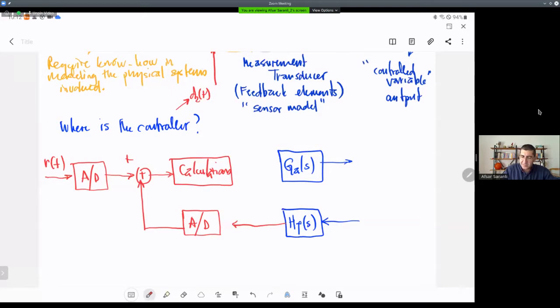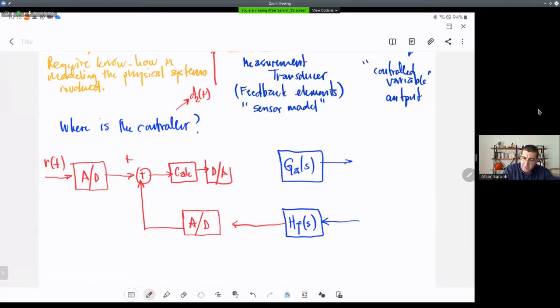So let's say you have some calculations inside a digital computer. Then you have a digital to analog converter.